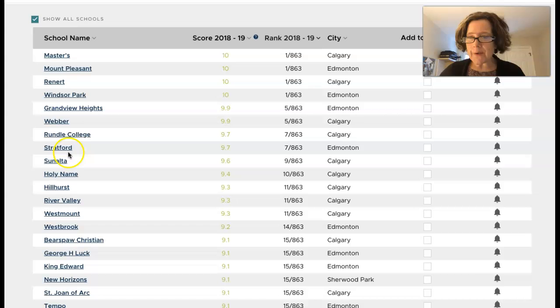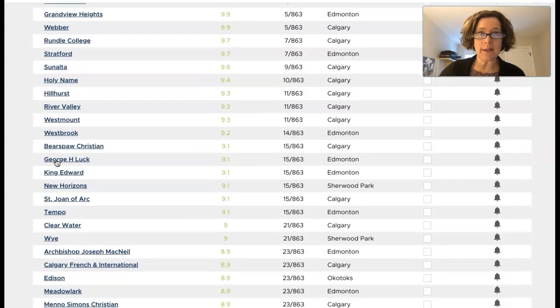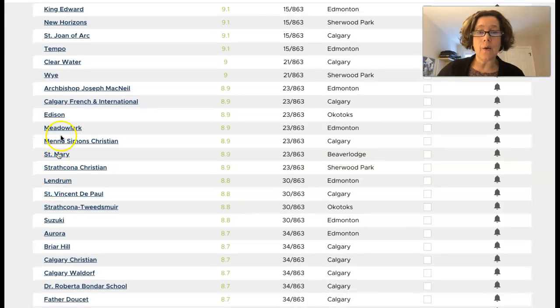I think the first public one is Sun Alta. But again, look at where these schools are. Edmonton, Calgary, Edmonton, Calgary, Edmonton, Calgary, Okotoks.